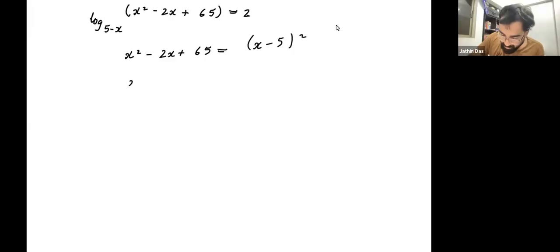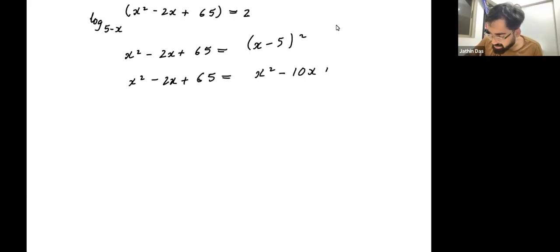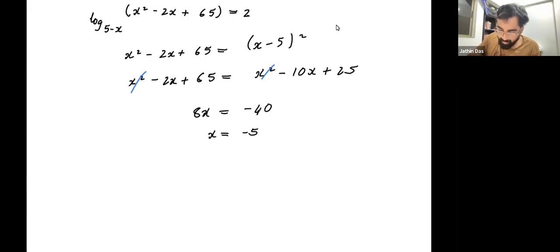So 5 minus x or x minus 5 doesn't matter. 2x plus 65 is equal to x square minus 10x plus 25. X square cancel. 8x is equal to minus 40. Okay, x is equal to minus 5.